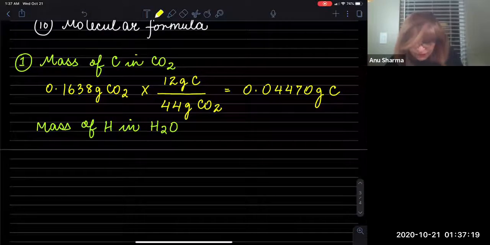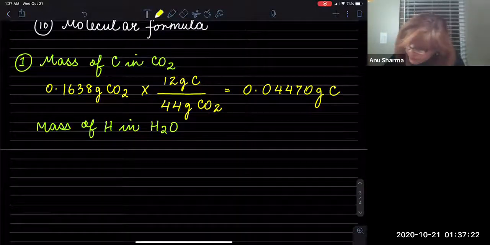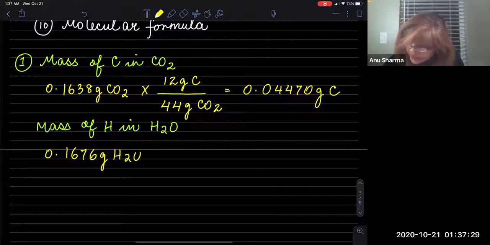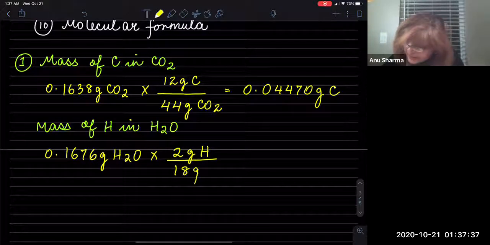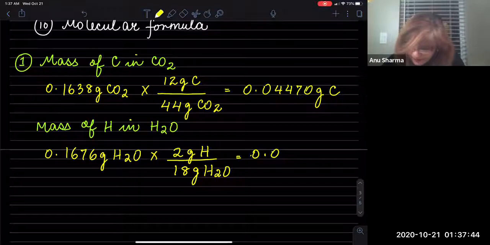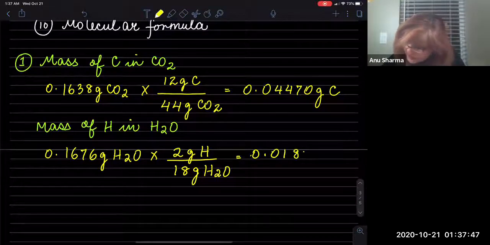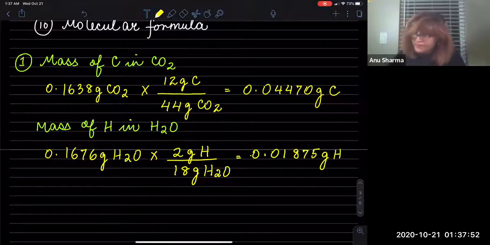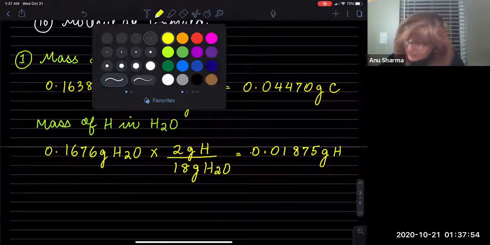The given amount of water was 0.1676 grams of water, times 2 grams of hydrogen present in total 18 grams of water. And that is equal to 0.01875 grams of hydrogen.